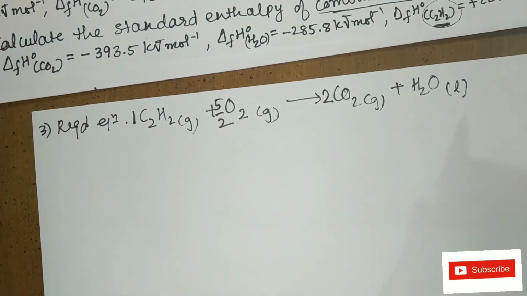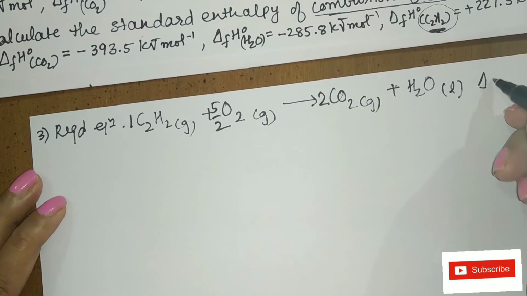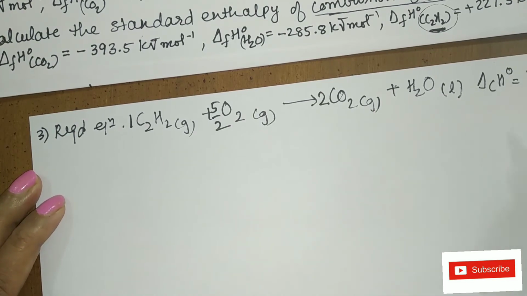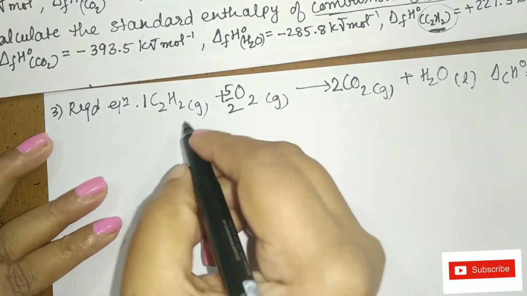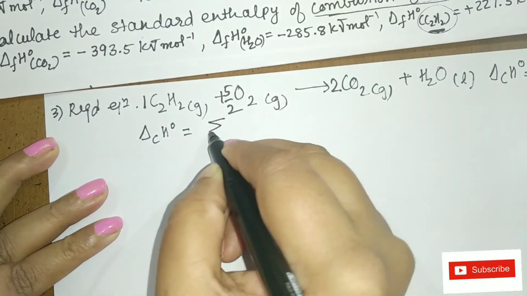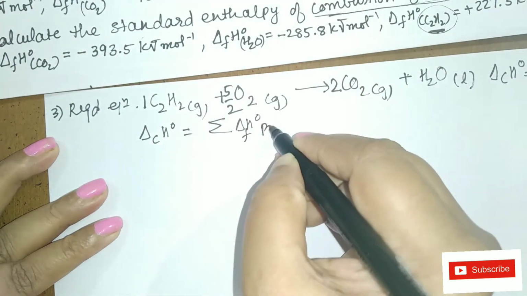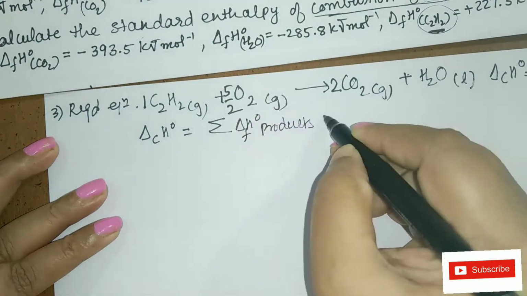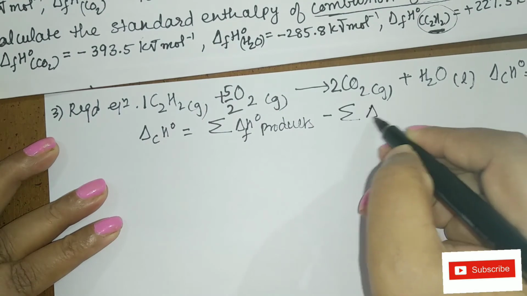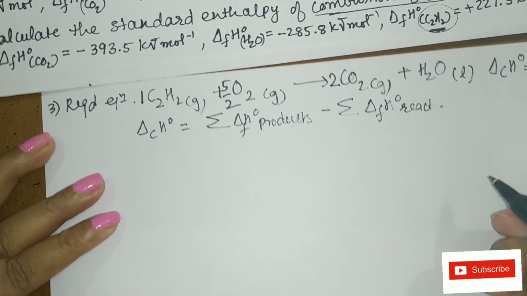After that, let us write the formula. They are asking you to calculate the enthalpy of combustion. Now what is the formula, student? The enthalpy of combustion for the reaction is equal to the summation of the standard enthalpies of formation of all the products minus the summation of standard enthalpies of formation of all the reactants. Let us start substituting.